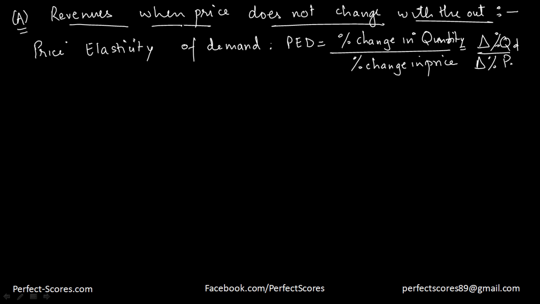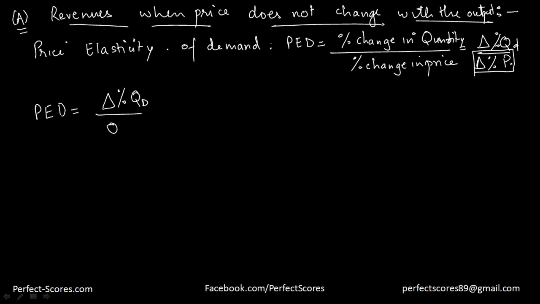The question says that the price does not change with the output. So what is going to be the price elasticity of demand? The price is not changing with the output at all. That means the percentage change in the price is 0, and there is some percentage change in quantity demanded.